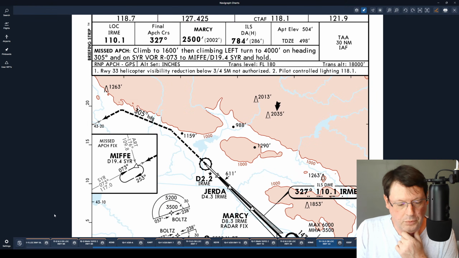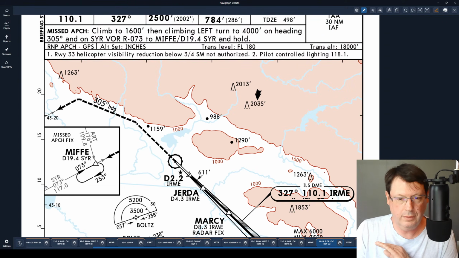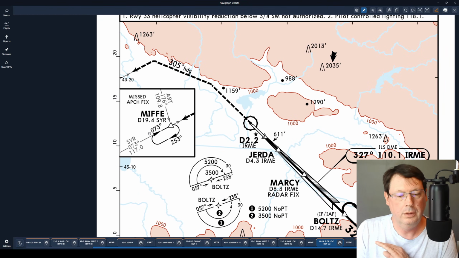Yeah, you can see it. So it says Syracuse radial 073. The way to remember what a radial is: a radial radiates out. In other words, if this is the Syracuse VOR, and you go on a heading of 073 away from the VOR, that's the 073 degree radial.